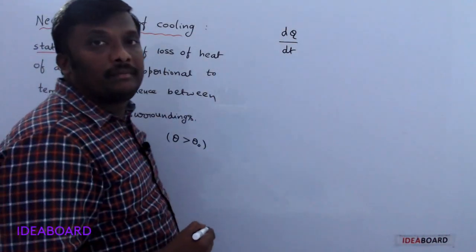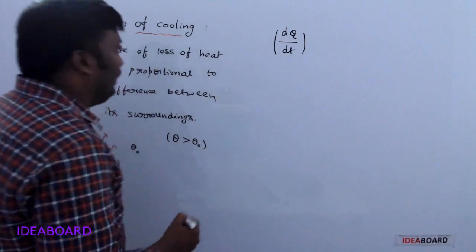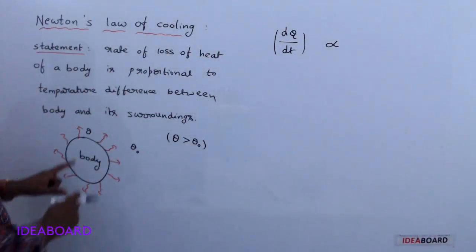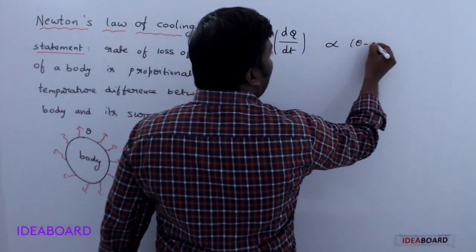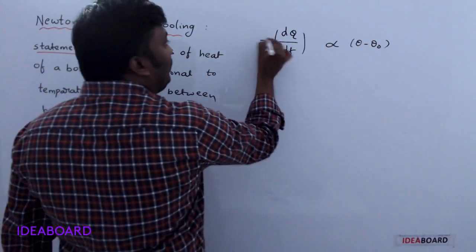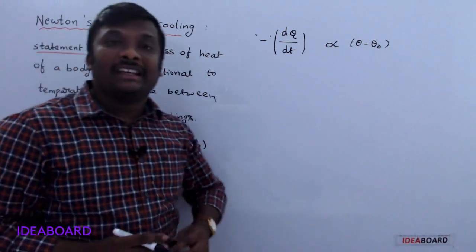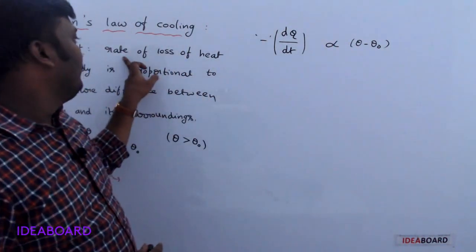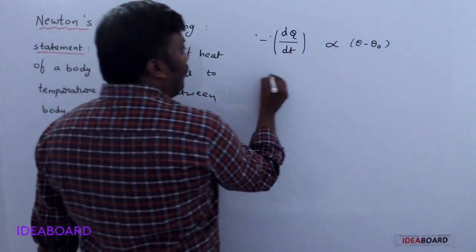This dQ by dt is proportional to the temperature difference between body and surroundings, that means theta minus theta naught. Put a negative sign here. The negative sign indicates loss of heat with time. Understand?